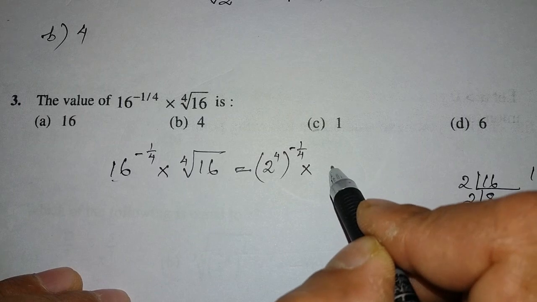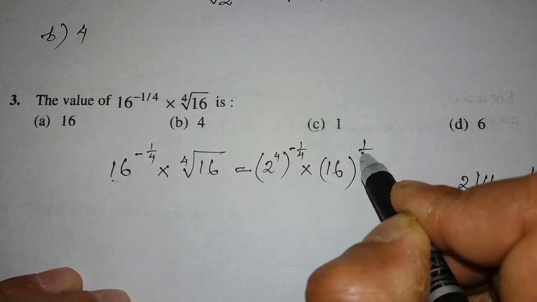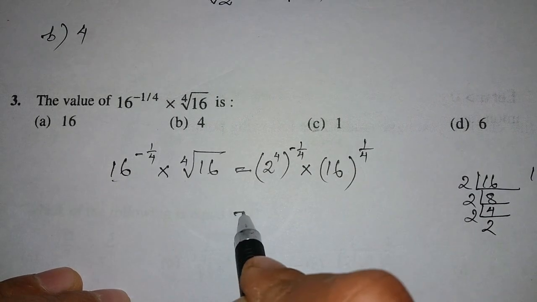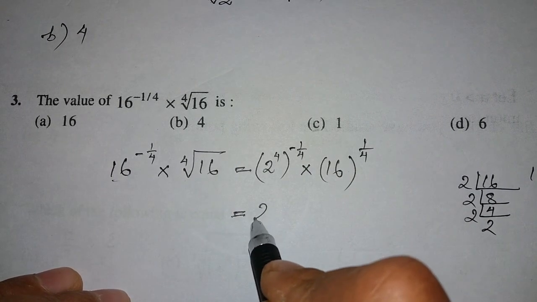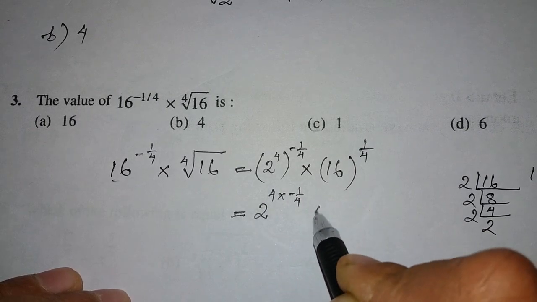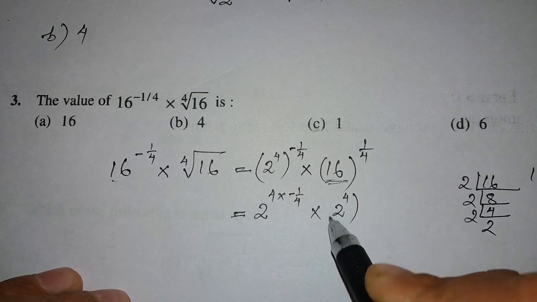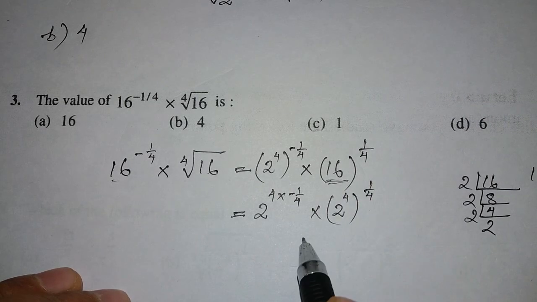Again this one you can write 16, this 4th root is nothing but 1 by 4, so you have here 2 raised to the power 4 into minus 1 by 4, and here also 16 is 2 to the power 4, 1 by 4.